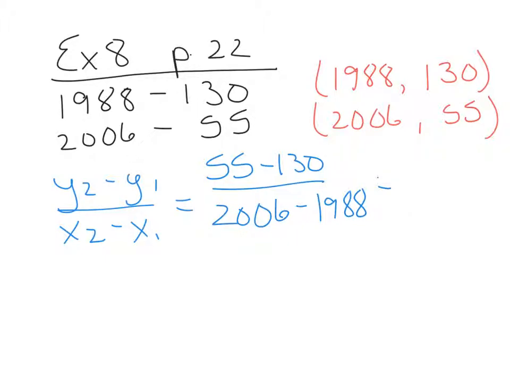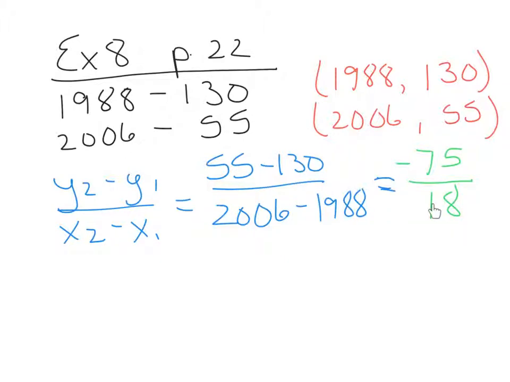We end up with negative 75 over 18. This is an equal sign here. There we go. If we're dealing with just a pure math question, it's not a word problem, we would just reduce this fraction. But since this is a statistics question, we're going to change this to a decimal.